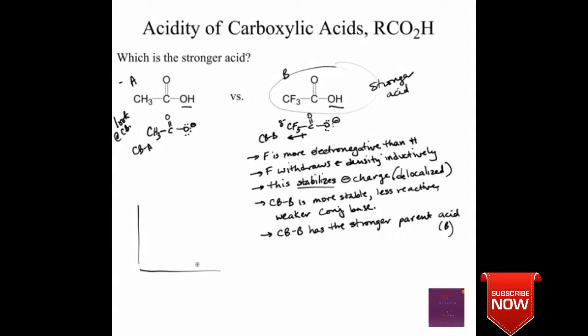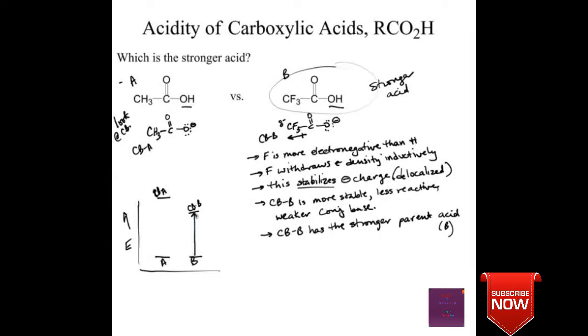If we take a quick look at an energy diagram and we compare the energies of A and B, they are relatively similar in energy. There's no big difference between A and B. But then when we look at their conjugate bases, we see that conjugate base A is higher in energy than conjugate base B. The presence of those fluorines helps to stabilize, lower the energy of that conjugate base.